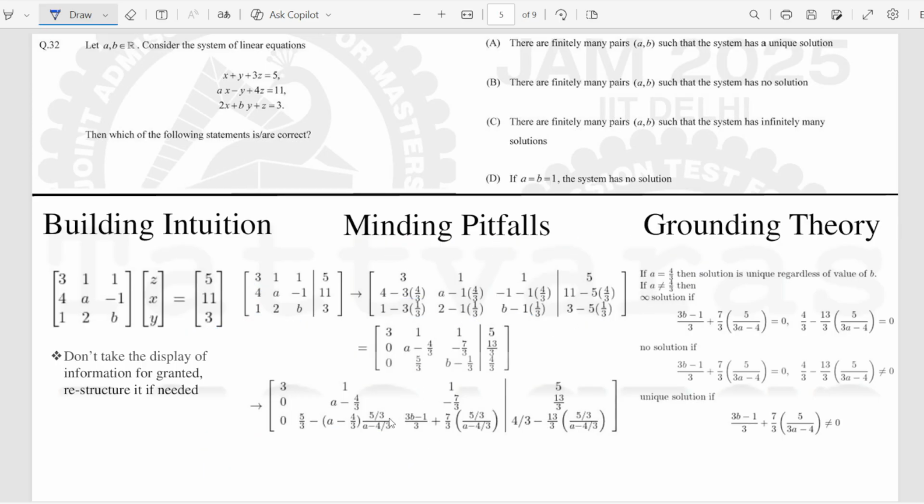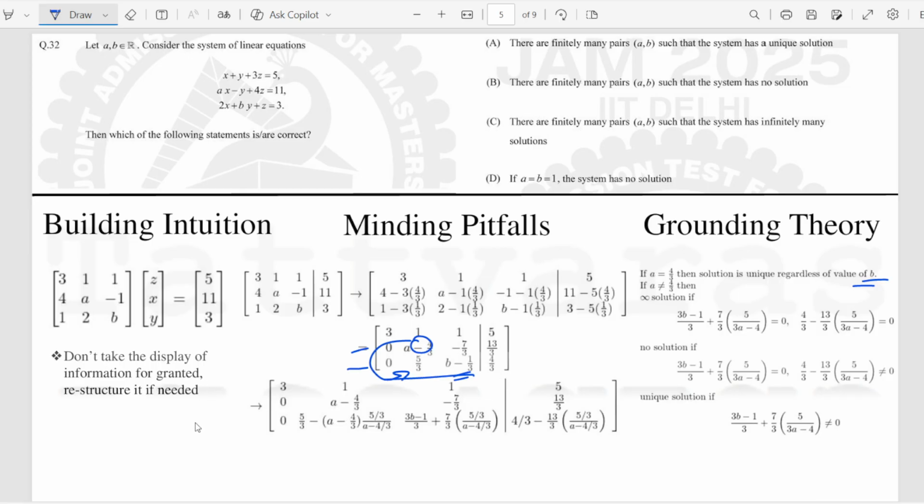Because if a is equal to 4 by 3, this thing becomes 0 here itself, and it is similar to just swapping these two rows so that this comes down, and then we can adjust these two to make this position 0 as well, and we would have the form. And when that happens, we can say that regardless of the value of b, which means b is free to take any value, infinite choice of values for b, this matrix over here will be a full rank matrix, and that would be giving a unique solution.